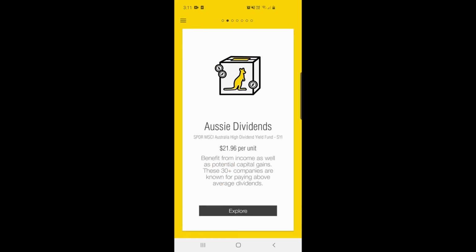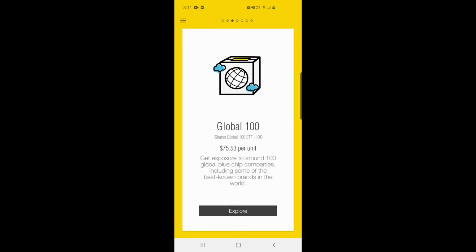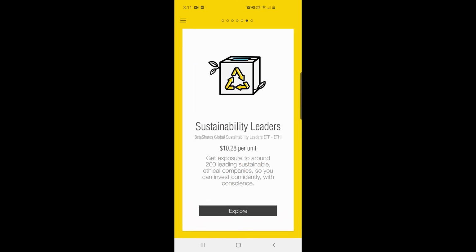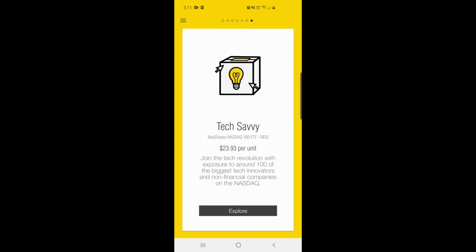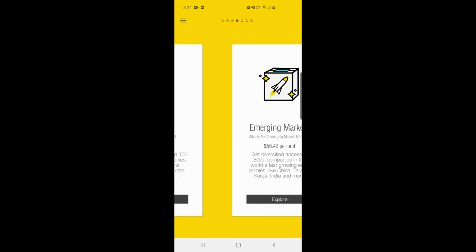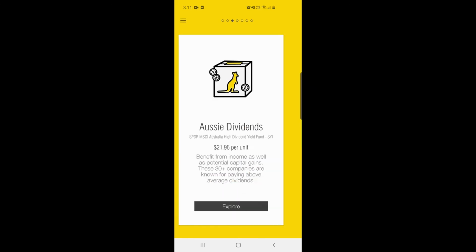You've got the Aussie Dividends Fund High Yield ETF, the Global 100, Emerging Markets, your Health ETF, Sustainability Leaders, and of course a tech savvy ETF.